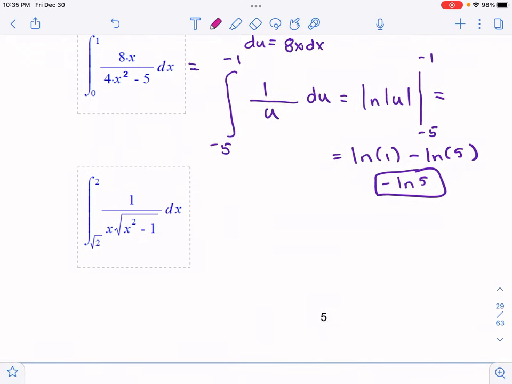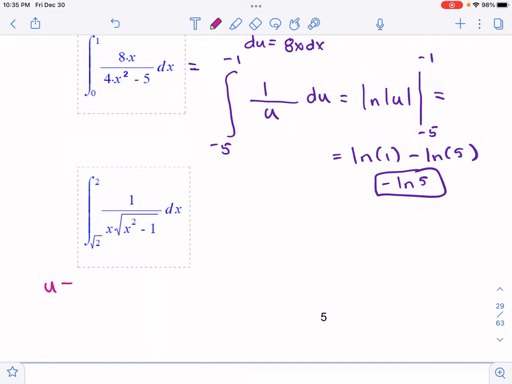All right, so I see an x squared minus 1 in the denominator here. And I see an x there as well. This one looks a little tricky. If I let my u be x squared minus 1, let's see what might happen there.